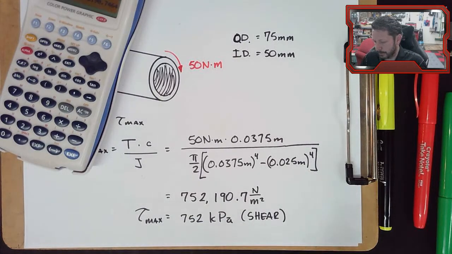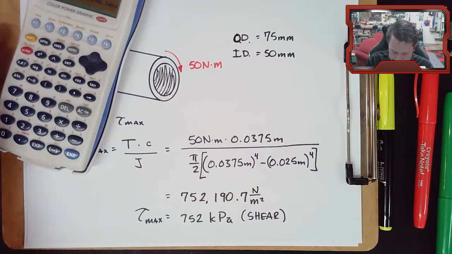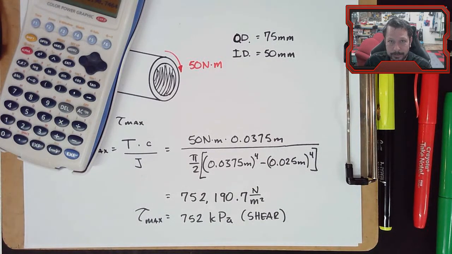The shear strength for some generic steel is, I don't know, 200 megapascals in tension. Remember that you have to have a model, whatever kind of model you're using, to figure out the shear strength from the tensile strength if it's not given. The one that we're using is the super simple maximum shear stress model, where we just divide by 2.